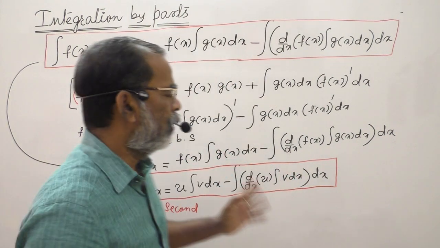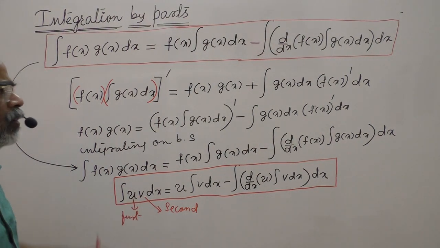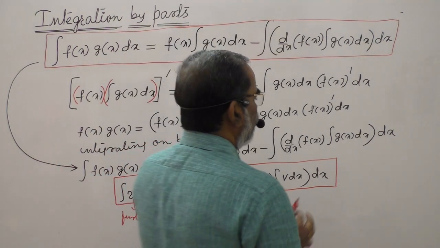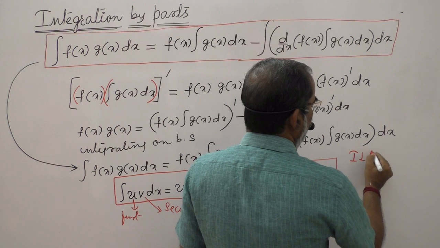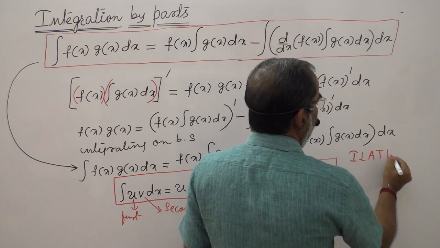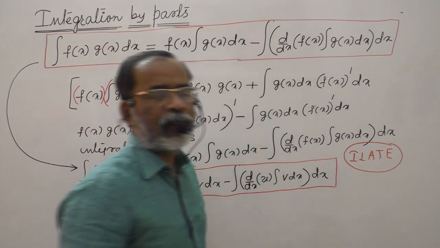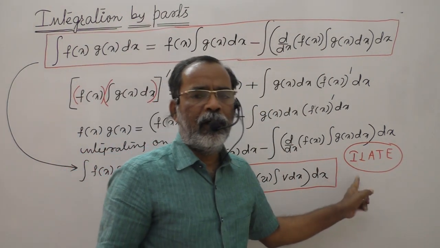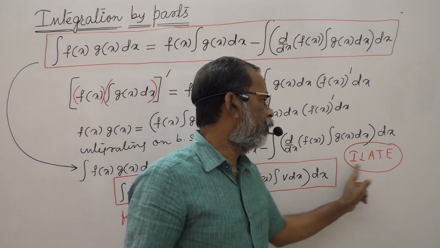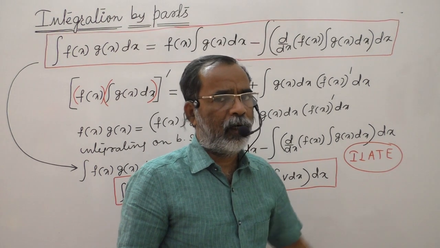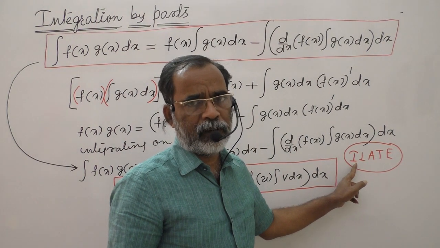Yes. So some authors, when selecting the first function and second function, use a phrase. Which phrase? ILATE. In this order they select the first function, from left to right. This is the order of preference. I means inverse trigonometric functions.